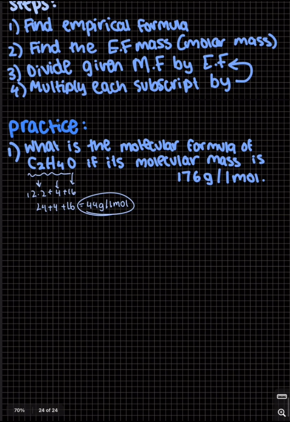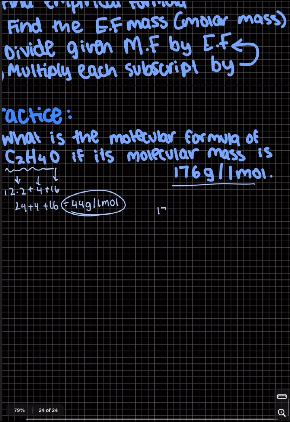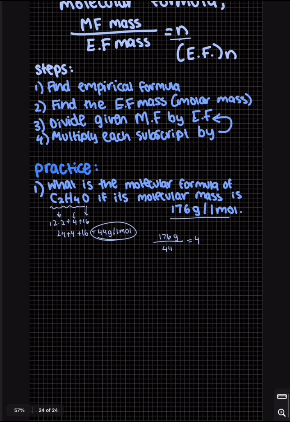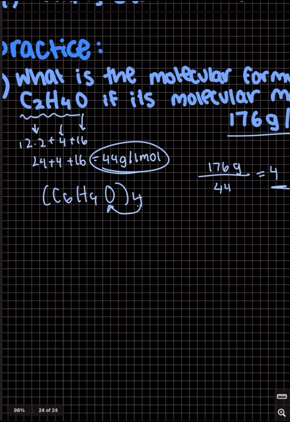This is the empirical formula mass. Okay, now step 3. Divide the given molecular formula mass by the empirical formula mass. So I'm going to do 176 grams divided by 44 grams, and that is equal to 4. And this is the N value that I had just shown you earlier.